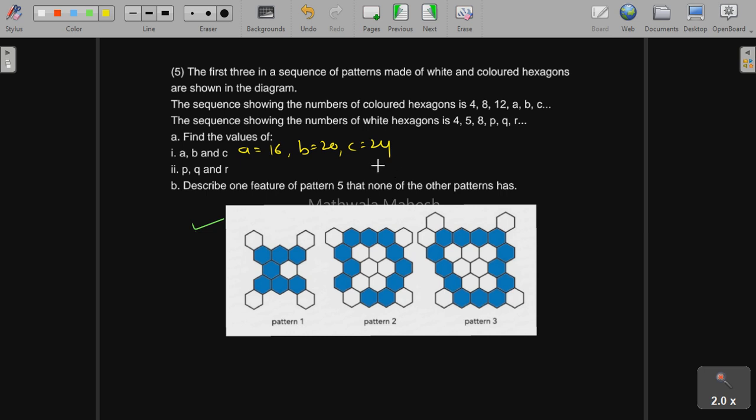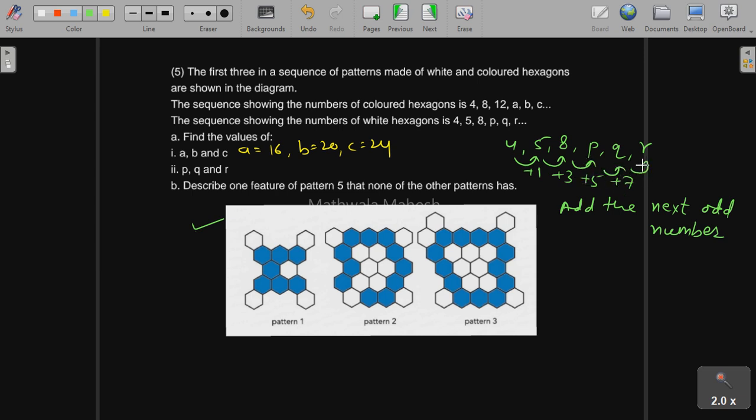Second one is P, Q and R. So 4, 5, 8, P, Q and R. What is the pattern? If I add plus 1, we get 5. If I add plus 3, we get 8. So we have to add the next odd number.